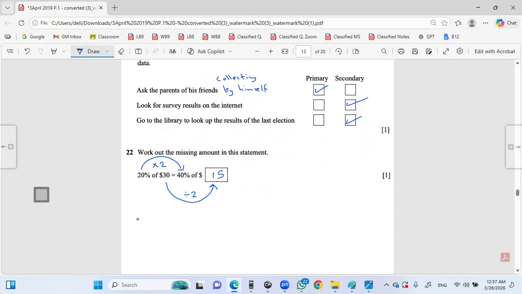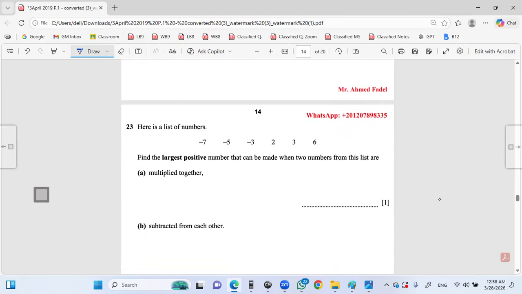Oh, mister, so if they said 10, for example, from 20 to 10 you divide by 2, I multiply the others by 2? Yes, exactly. Do the opposite. So find the relationship between 20% and 40%. It got doubled. Then from 30 to the missing number gets divided by 2, or halved.